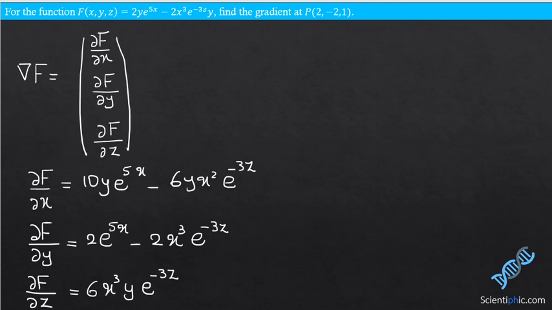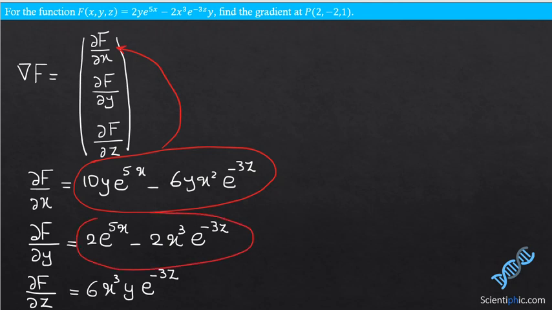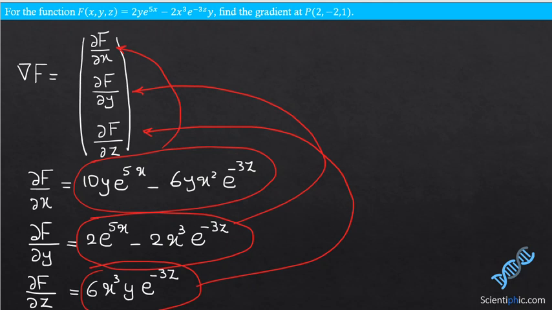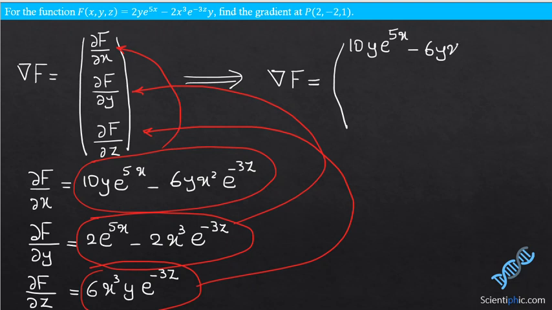Okay, so the only part that remains here is simply to substitute these expressions inside this vector. And finally, for the partial derivative of f with respect to z, we put it in the third component. Then it means that del f is equal to 10y e to the power of 5x minus 6y x squared e to the power of minus 3z.